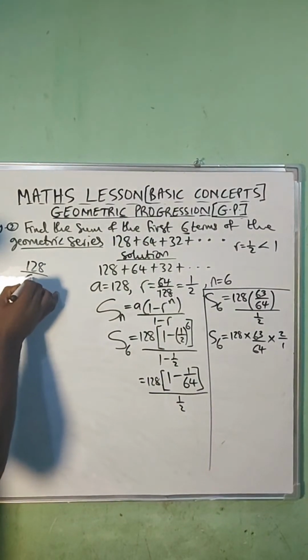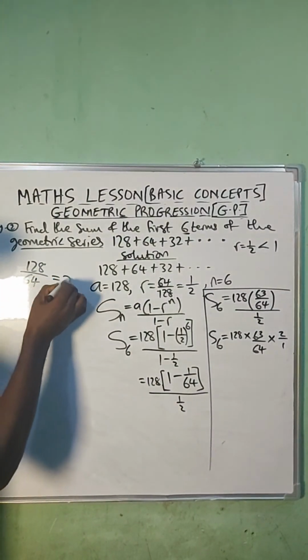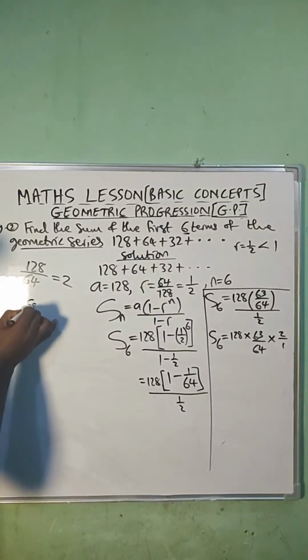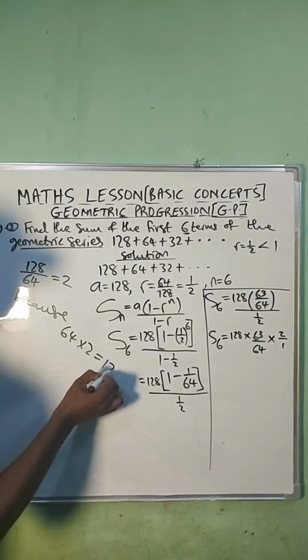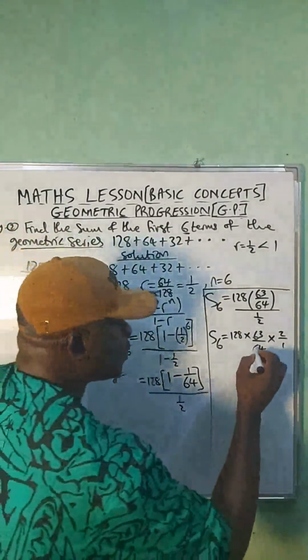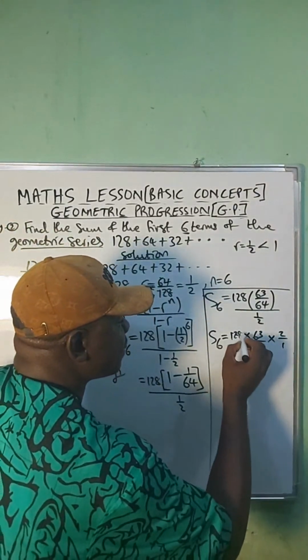128 divided by 64 is going to be 2, because 64 times 2 is 128. So 64 divided 1 time, 128 divided 2 times.